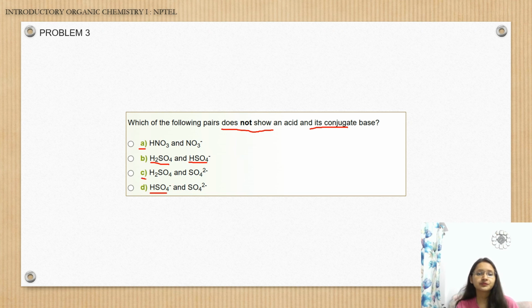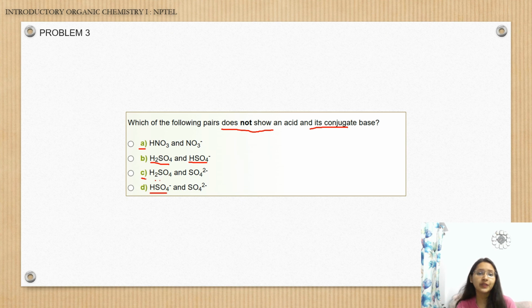See here what happens. H2SO4 is an acid, but they have mentioned SO4 2 minus as the conjugate base. Is it right? No, because the conjugate base is a species which is formed after removal of one proton of the particular acid. One hydrogen loss of an acid generates the conjugate base. That is why we are saying SO4 2 minus will be generated after two protons are lost, which is not the definition of conjugate base.